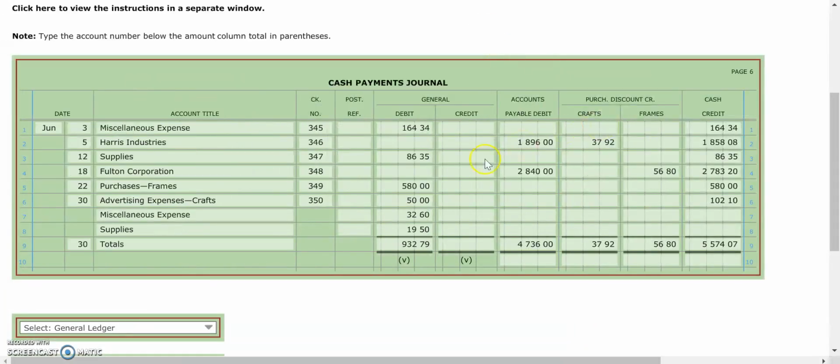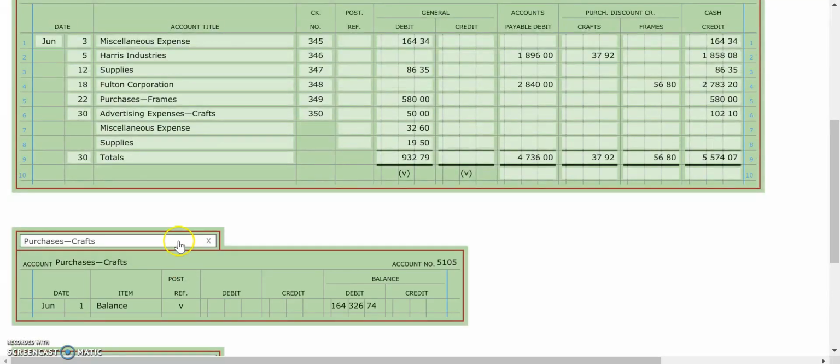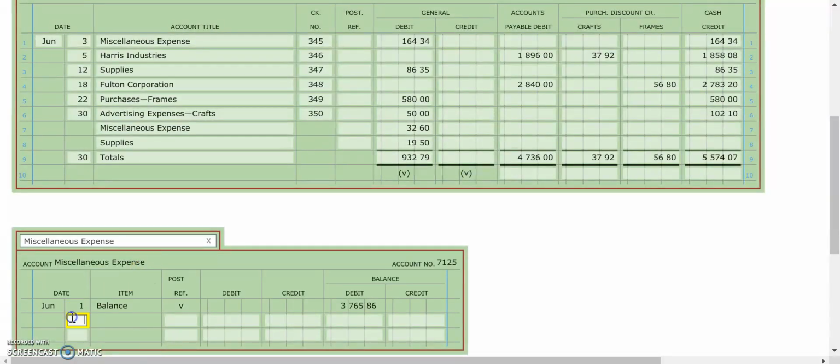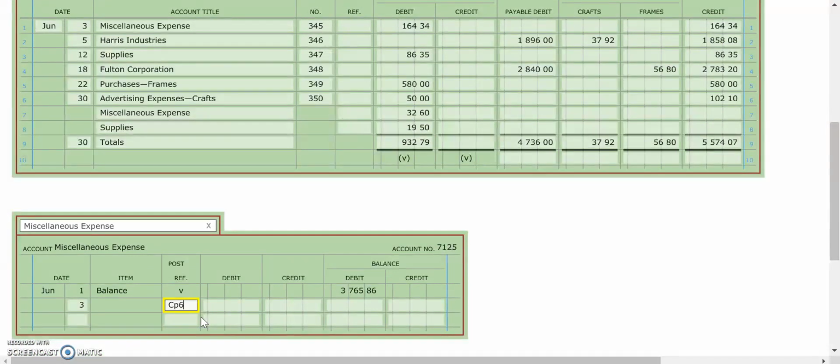because now it's time for us to start posting. So remember, we're going to post first all of our individual accounts. We start right up here with miscellaneous expense, and that has a general debit. So we're going to open our general ledger, go down to miscellaneous expense, and we'll put in June 3rd. Our post reference is coming from CP6, and it's a debit of 164.34.